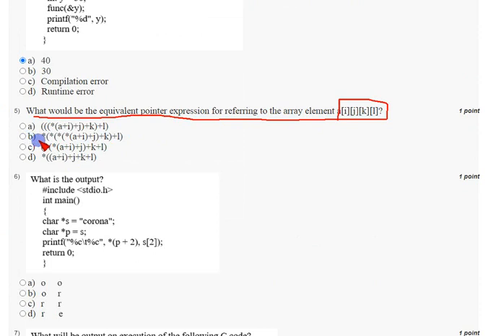So the answer for the fifth question is option B, that is asterisk of asterisk of asterisk of asterisk A of I plus J plus K plus L. These have to be referred in an order. It is a pointer for A plus I, and this is added to J, and it is also a pointer for this whole sum, and this will be a pointer for this whole sum, and this is a pointer up to L. So option B is the correct answer for the fifth question.